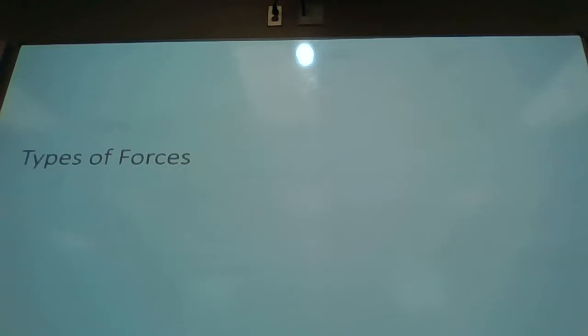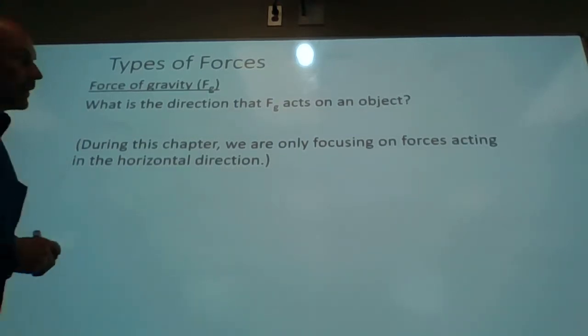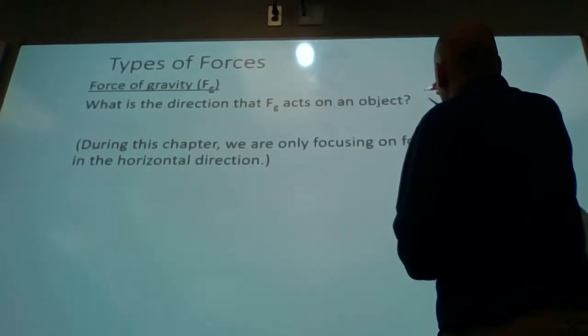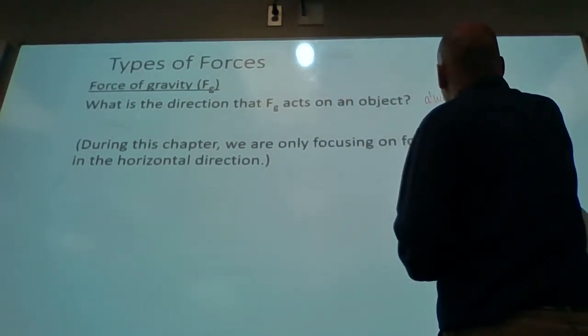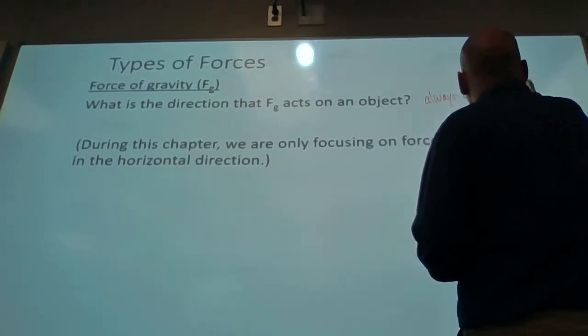Now we're going to start identifying different types of forces. Up until this point, we just said, yeah, it's a force. But there are specific types of forces. First off, you've got the force of gravity, which is pretty obvious. It always acts straight down.